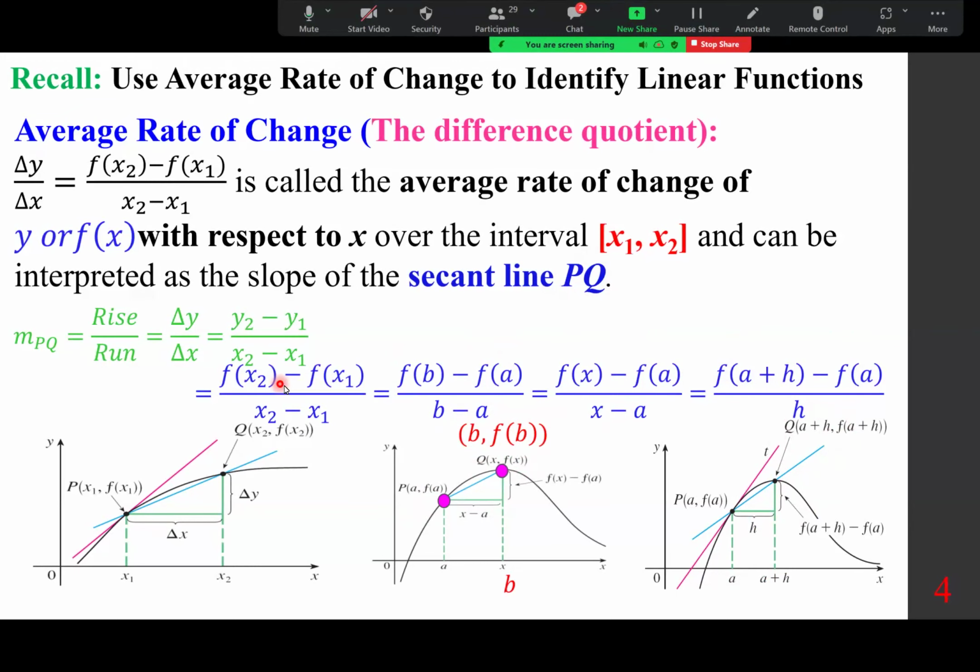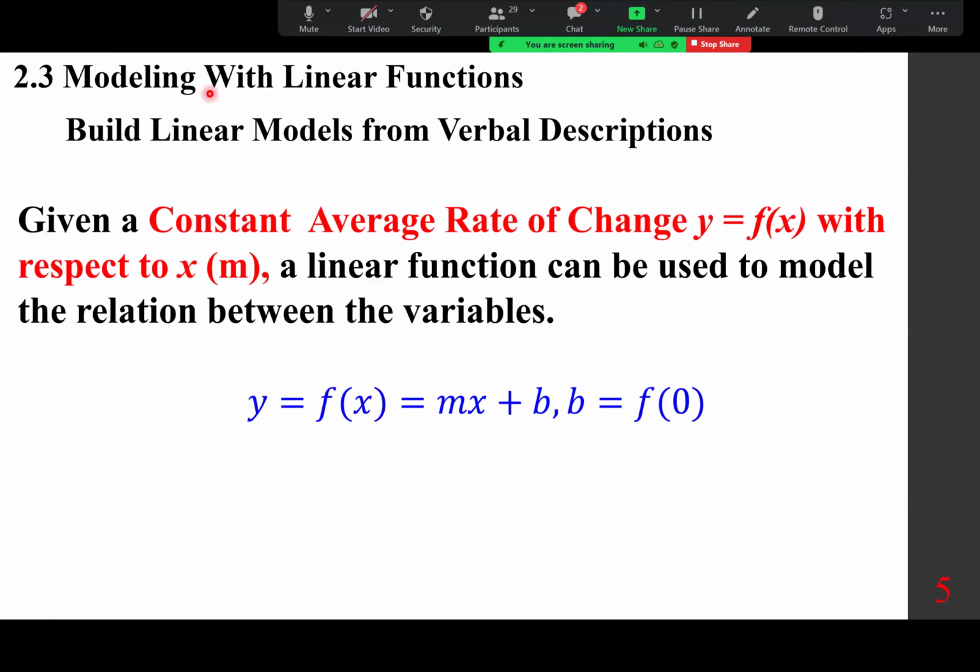Average rate of change of y with respect to x, rise over run, slope of a secant line, they are all the same. Modeling with linear functions: build linear models from verbal descriptions.